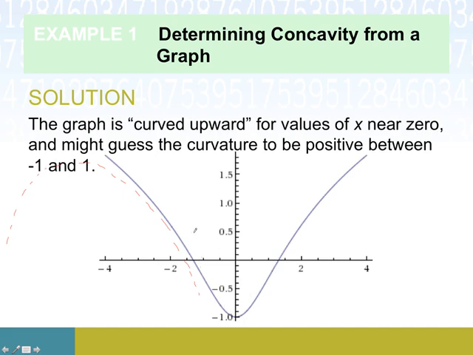But in the middle section, it feels more curved upward than down. And then it changes over again somewhere over here on the right. I'm thinking parabolas because those are the creatures that have constant curvature, sort of like a line has constant slope.